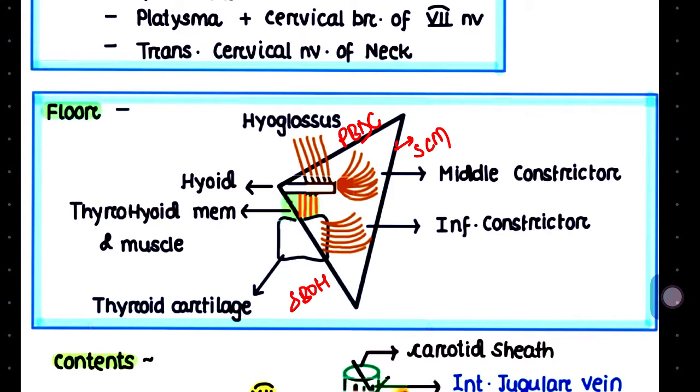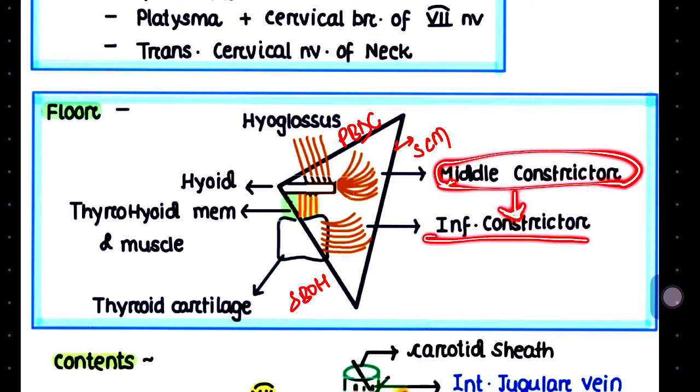Another important constituent is middle constrictor and inferior constrictor. The middle constrictor originates from the hyoid bone, surrounds the pharynx, and helps in contraction of the pharynx. Below the middle constrictor we find the inferior constrictor, which is divided into two parts, thyropharyngeal and cricopharyngeal.